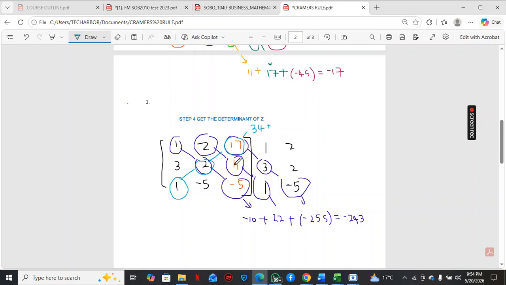Plus negative 5 times 11, negative 55. Negative 55 times 1, negative 55. Plus negative 5 times 3, that's negative 15. Negative 15 times 2, that is negative 30.